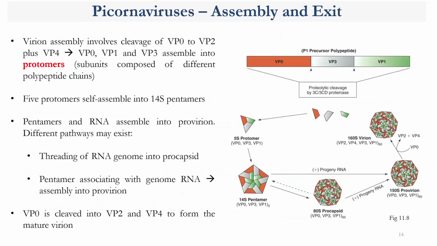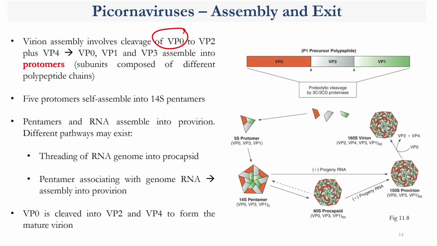All right, so now you have synthesized your proteins, processed them into the right kind of proteins, and then you replicated the genome. So now you have your genome and your protein, so that means you can start assembling the virus, okay? So there's a precursor protein called VP0, which gets processed to VP2 and VP4.